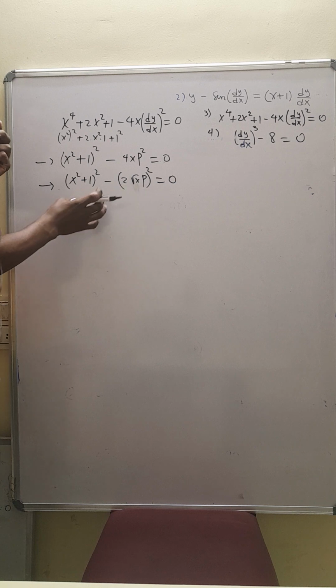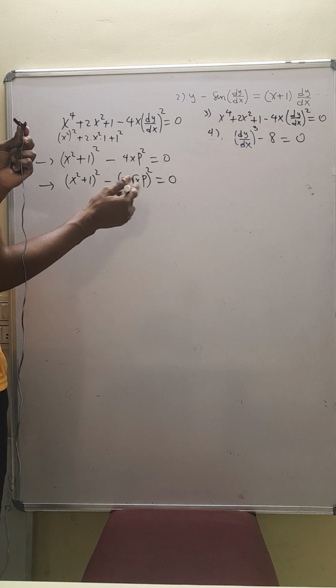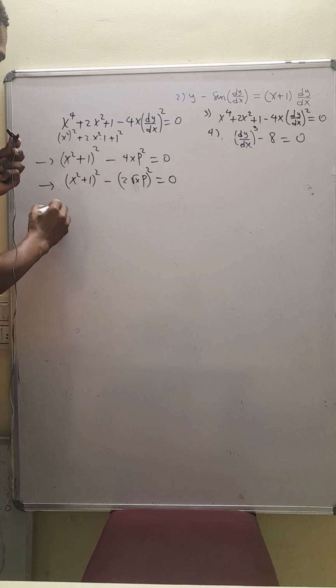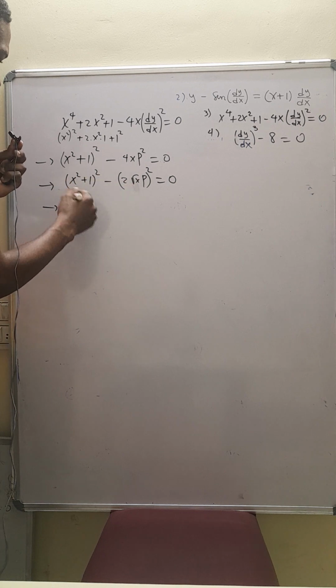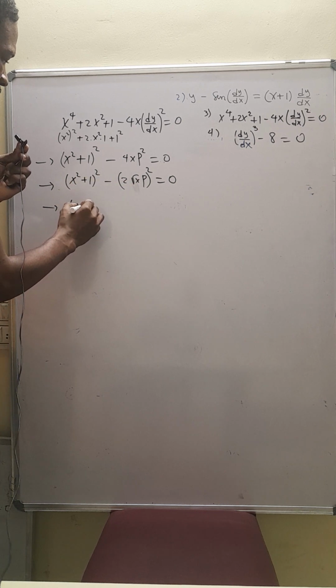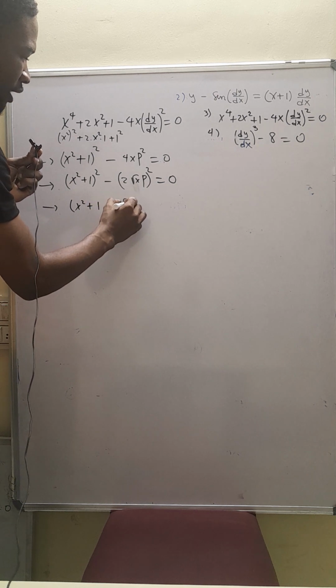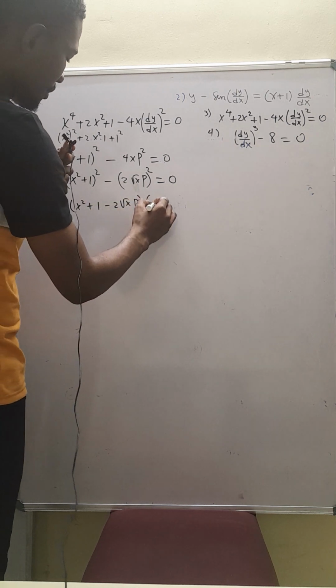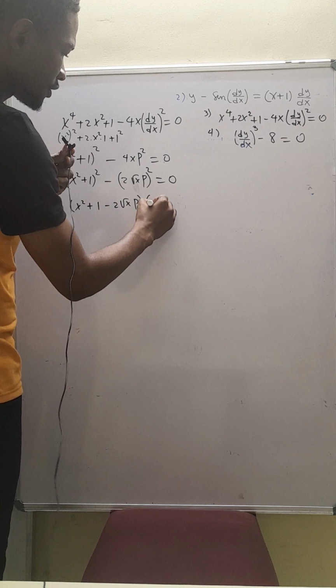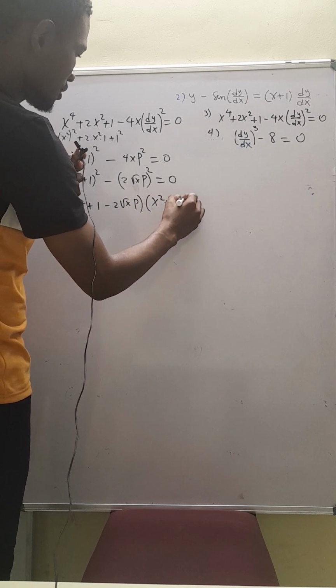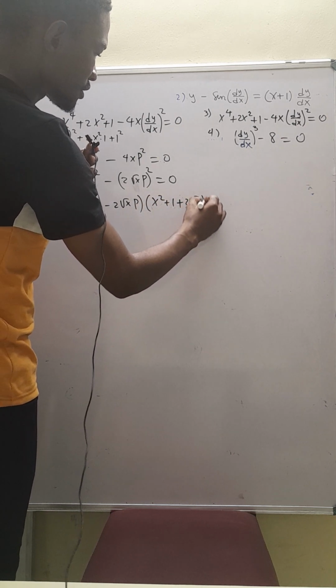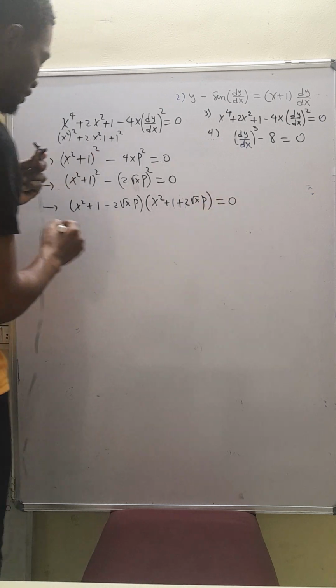In this way, it will be easier for me to find p. So this will be x squared plus 1 minus 2 root x p, times x squared plus 1 plus 2 root x p, equal to 0.